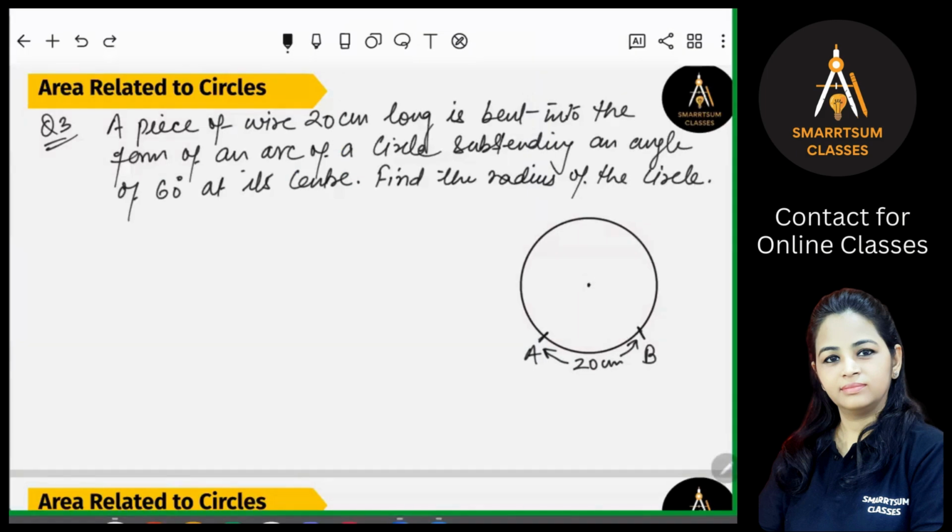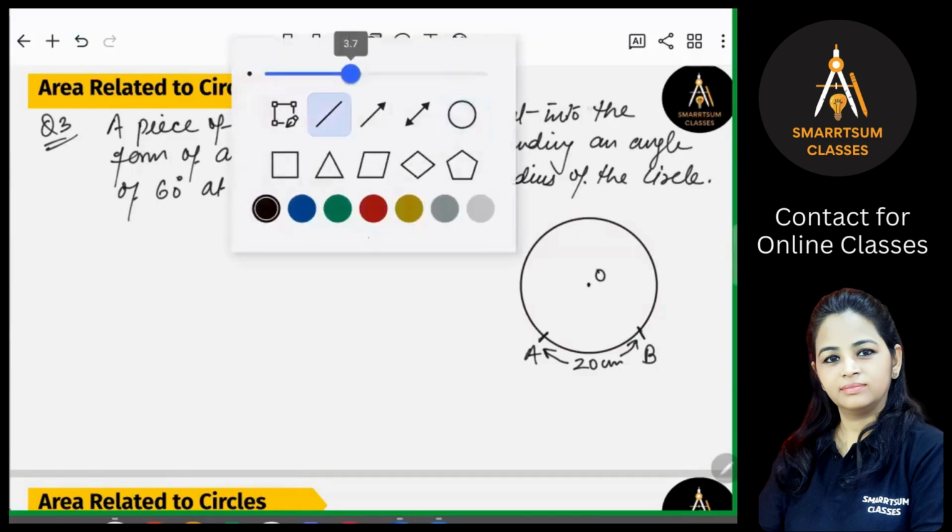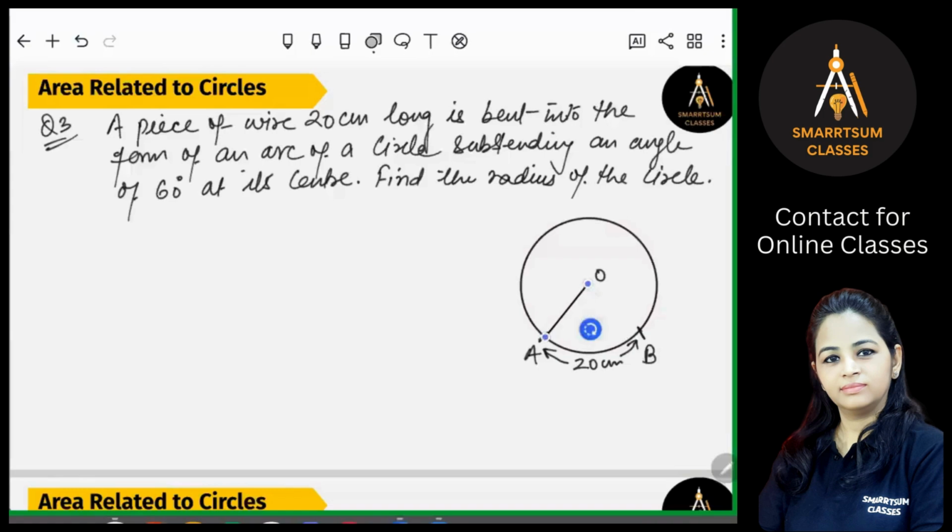Suppose this is O, center of the circle. Now, if we join OA and OB, this is a sector. Is that clear? And the angle which this arc is subtending at the center is given here, 60 degree. Now what we have to find is the radius of the circle.